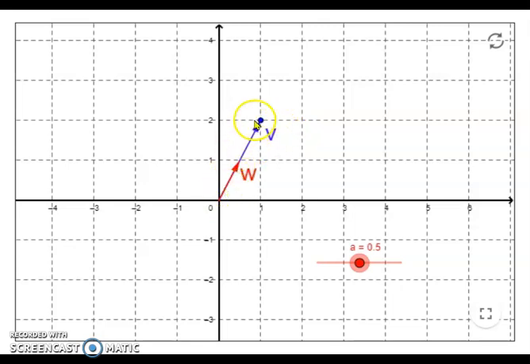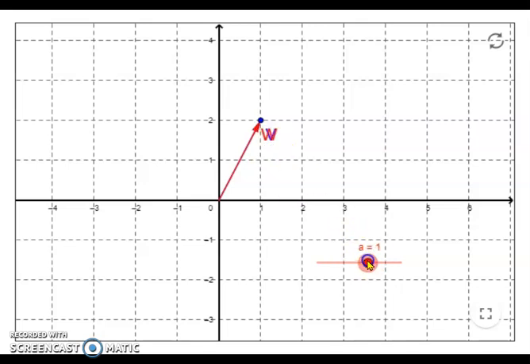So it is half of vector v. Let us increase it more. If you make it 1, of course c times the vector, or a in this case, a times the vector v is just the vector v.